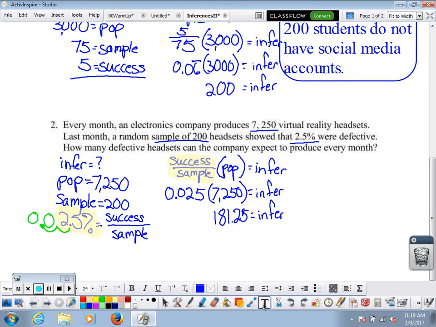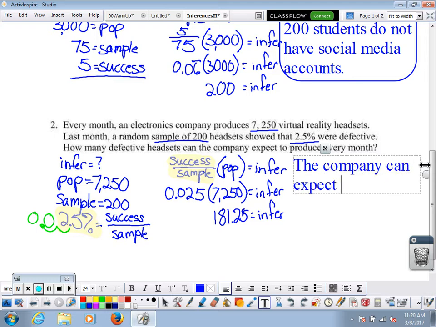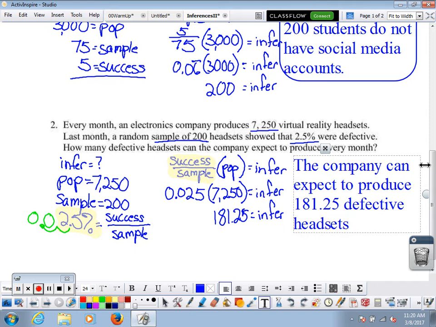Now the question is asked with a complete sentence, so we should answer it with a complete sentence. How many defective headsets can the company expect to produce each month? The company can expect to produce 181.25 defective headsets each month.